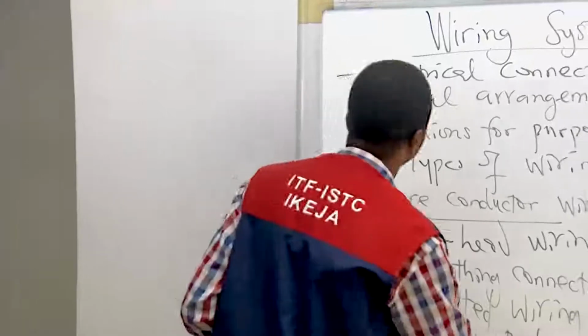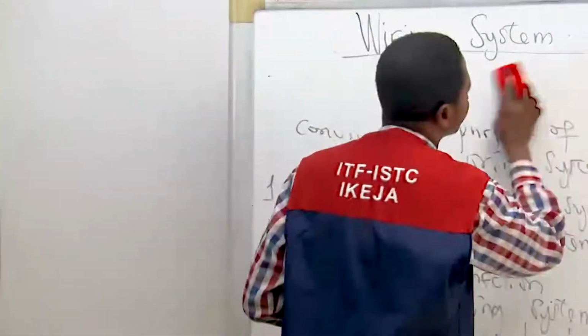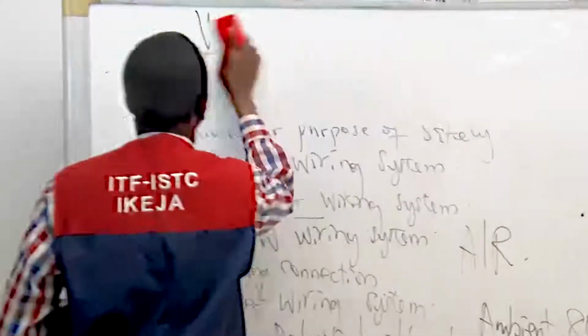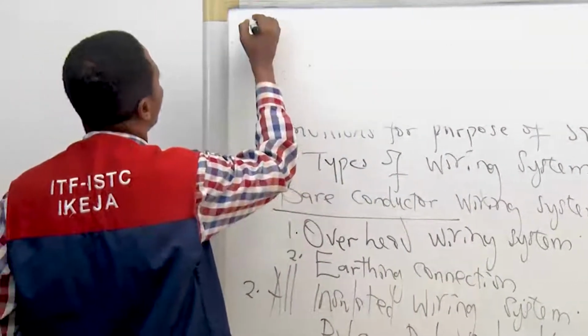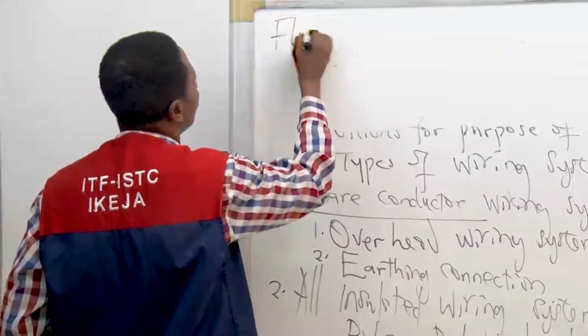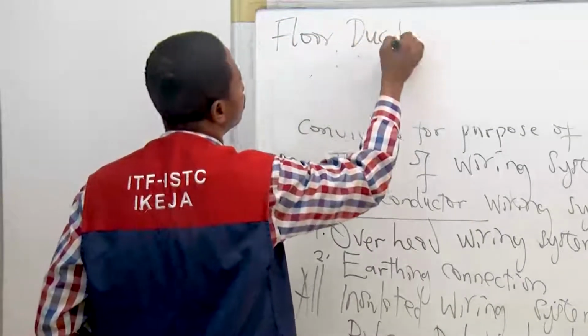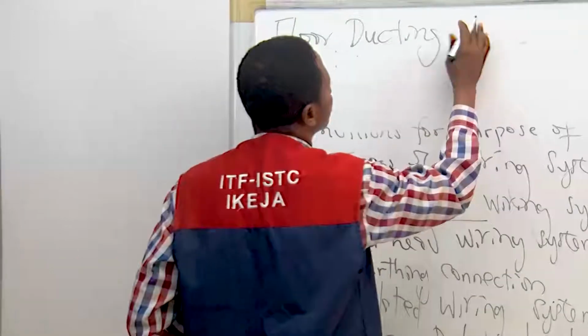The third one is what we call floor ducting wiring system.